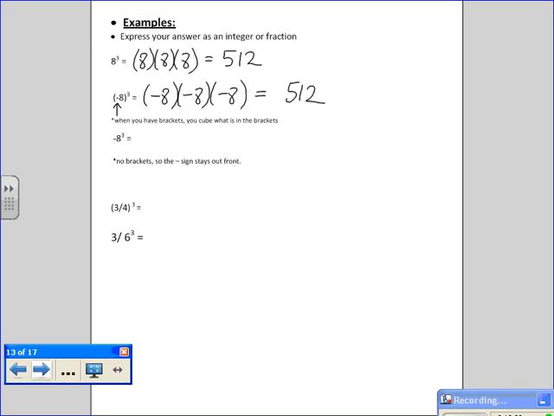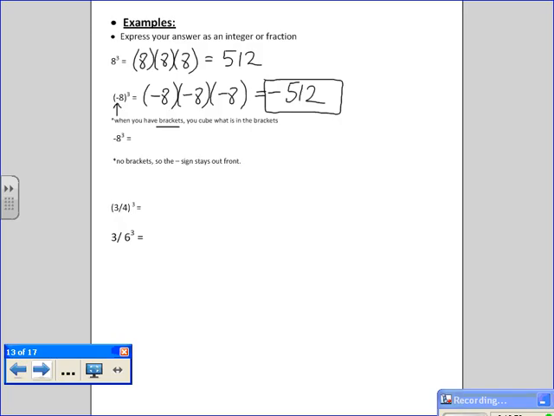One negative times another negative gives us a positive, and a positive times a negative gives us a negative as our product. So anytime you're cubing a negative number, your answer is always going to be negative, because 2 of those negative signs cancel, and you're left with still one negative sign out front. So when you have brackets, you cube what's in the brackets, and our answer comes out to be negative.